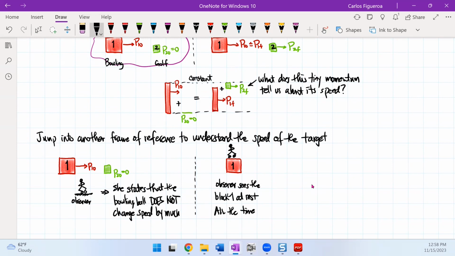So what actually happens here is that if this guy is moving at some initial speed, this guy is now going to come in with a momentum that has a speed of v1 initial.